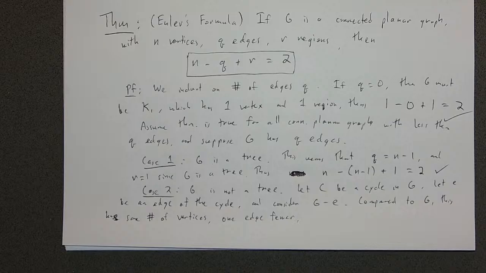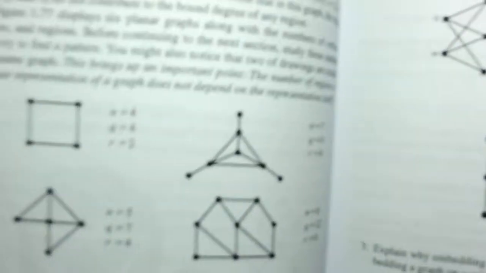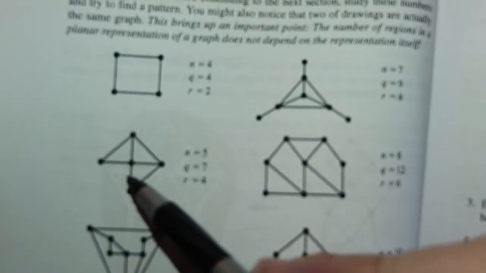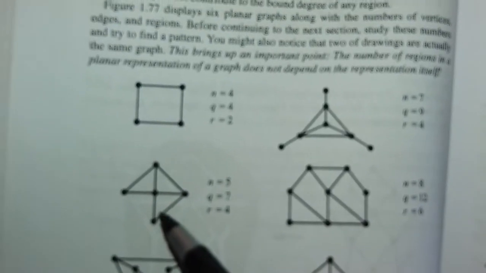And because E was an edge in a cycle, and a cycle is a path, taking away that edge necessarily takes away one of the regions. So there was a region, say, like this in the graph. I took away this edge. Now there is no longer this region. This region was closed up by this cycle.